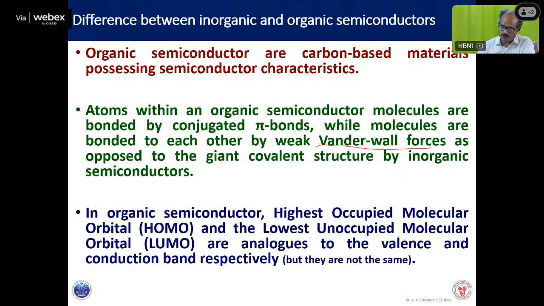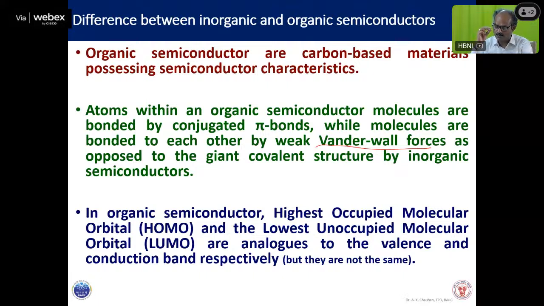The width of the valence and conduction bands is very large, and they are the same throughout the entire crystal. However, in the case of HOMO and LUMO, they are localized, and there are many chunks joined from one place to another by van der Waals forces.